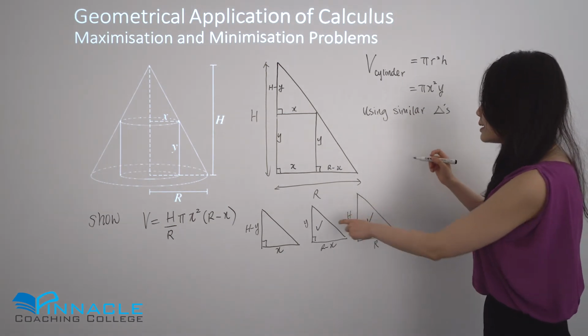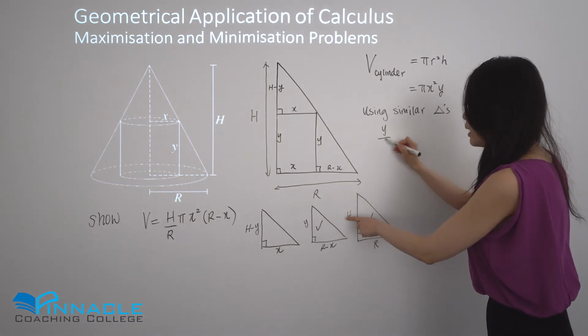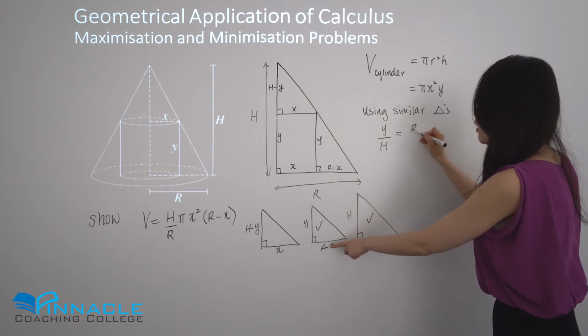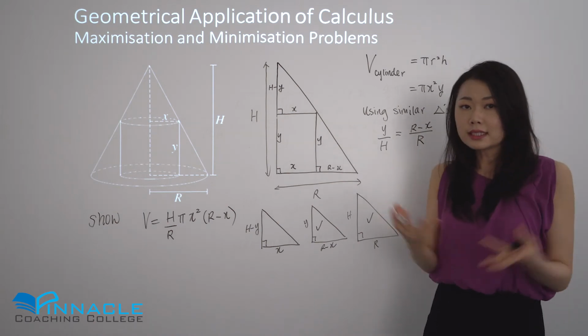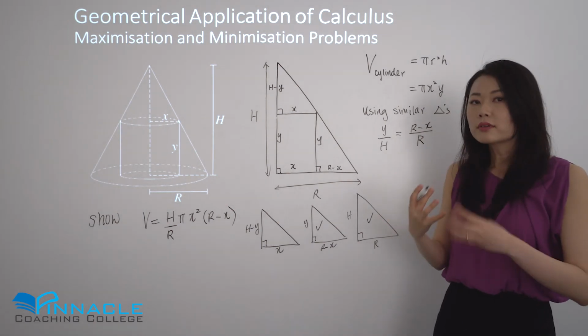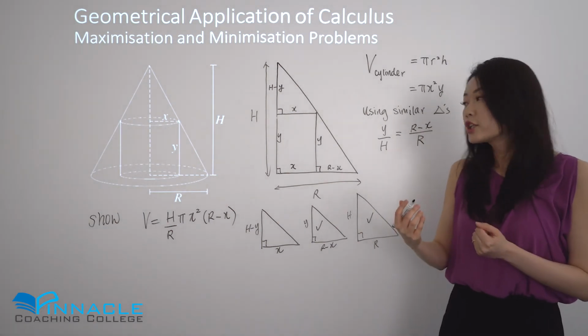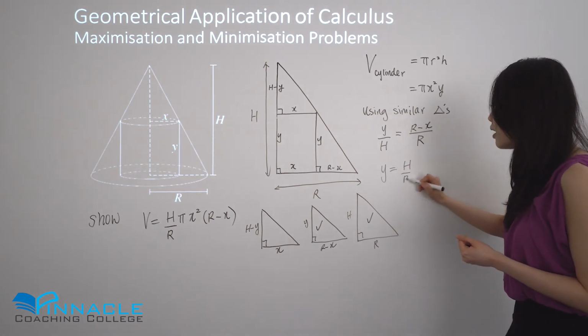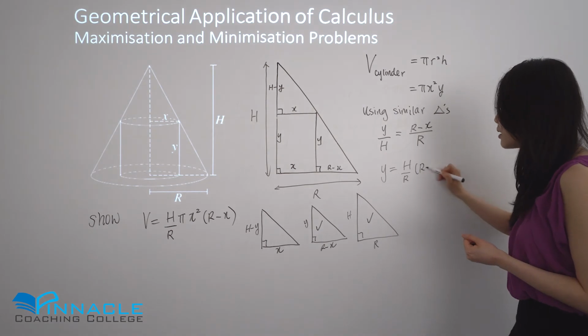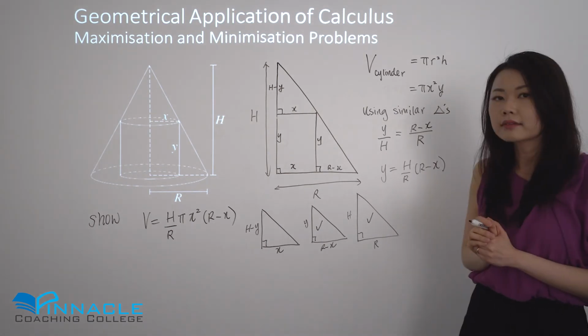So what we can say is y on h is equal to r minus x on r, because in similar triangles, corresponding sides are in the same ratio. That means y is equal to h on r, r minus x, so multiplying the h across, you get that.